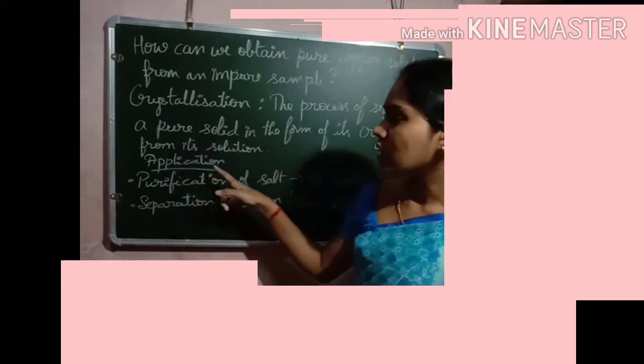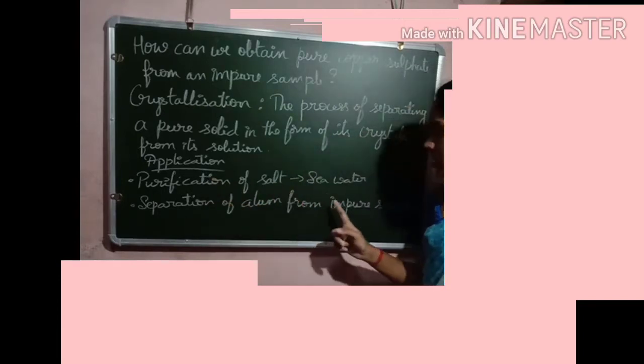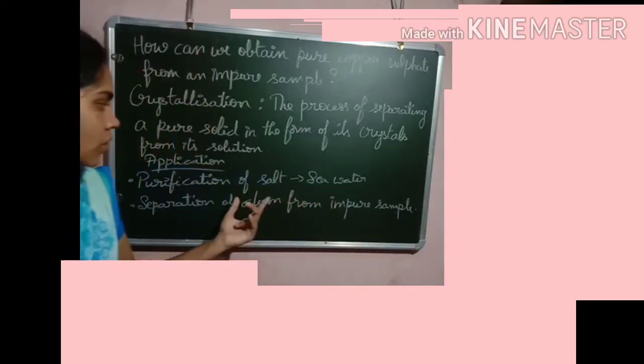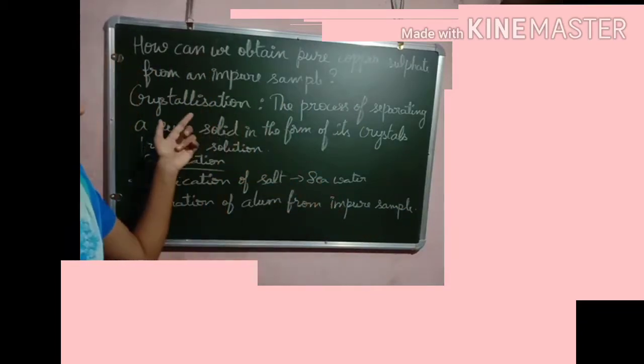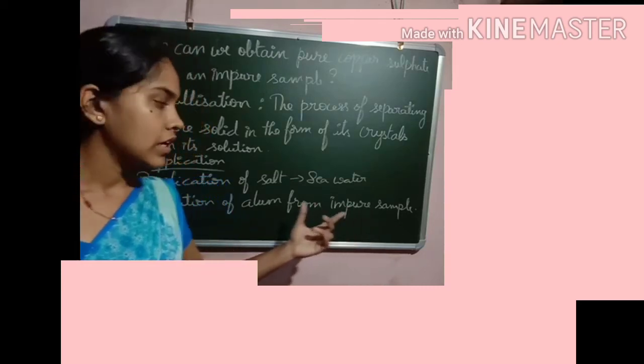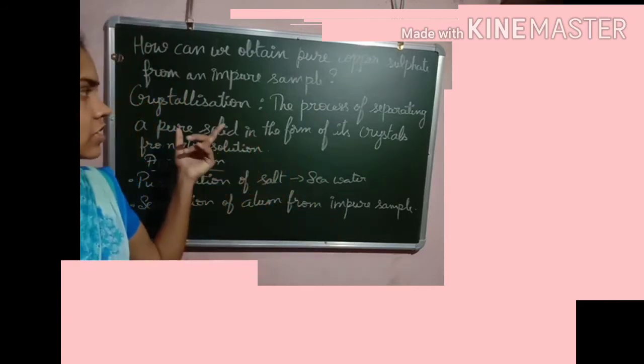Okay, what are the applications of this crystallization method? Purification of salt, which is obtained from the sea water. We can obtain the pure salt from the sea water by using this crystallization method. The next one, for separation of alum from the impure sample. In order to separate the alum from the impure sample, we use the crystallization method.